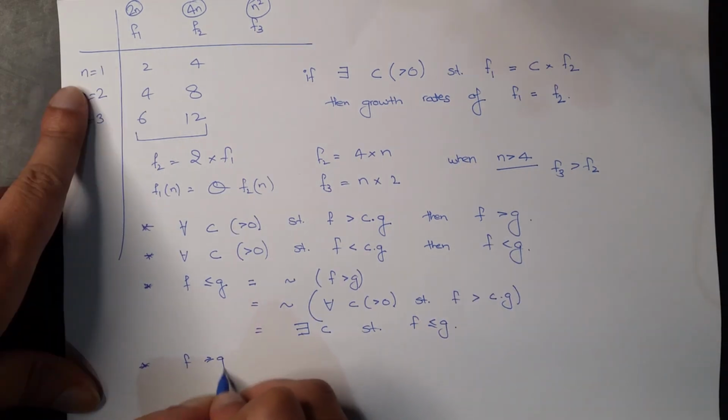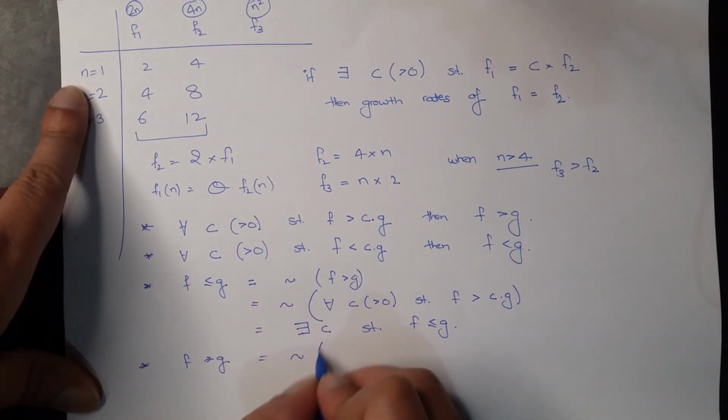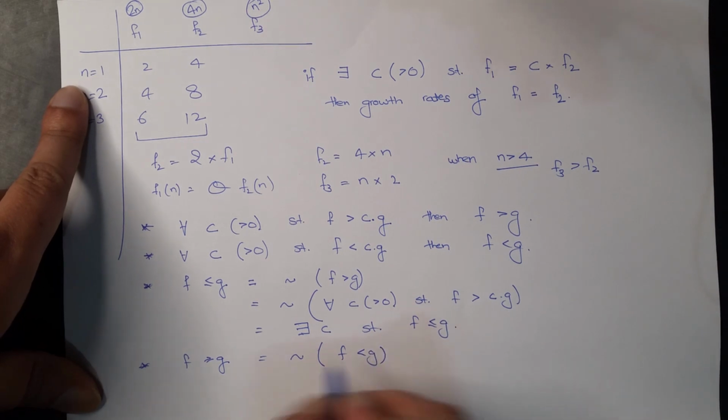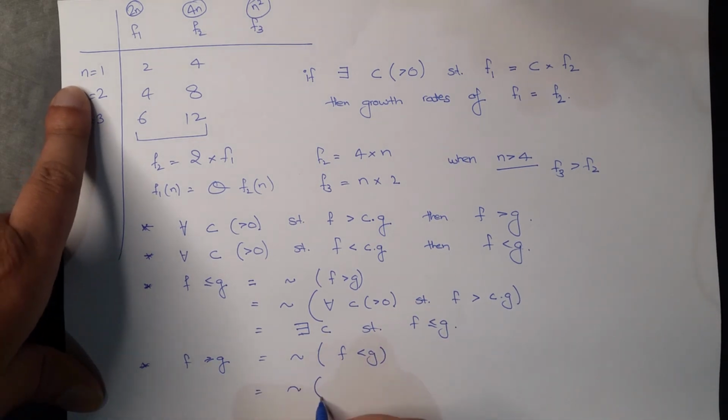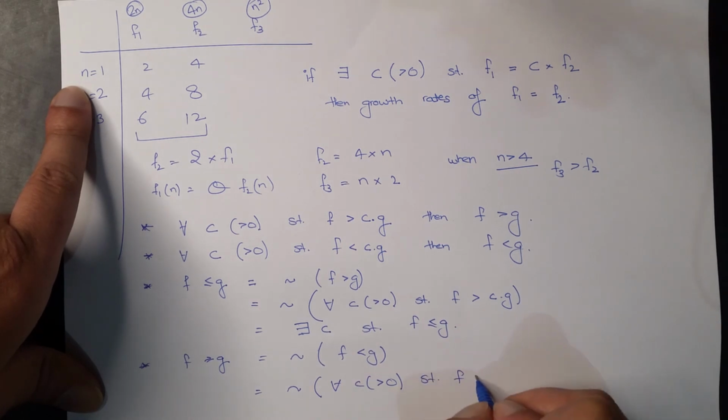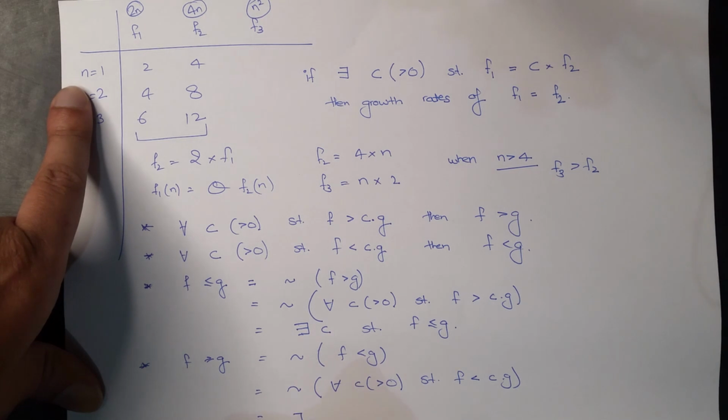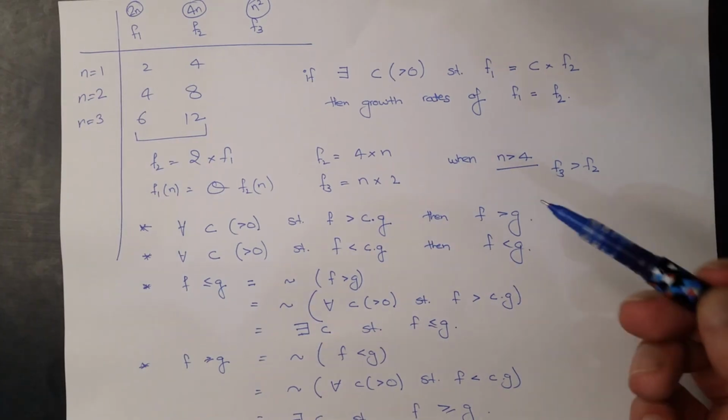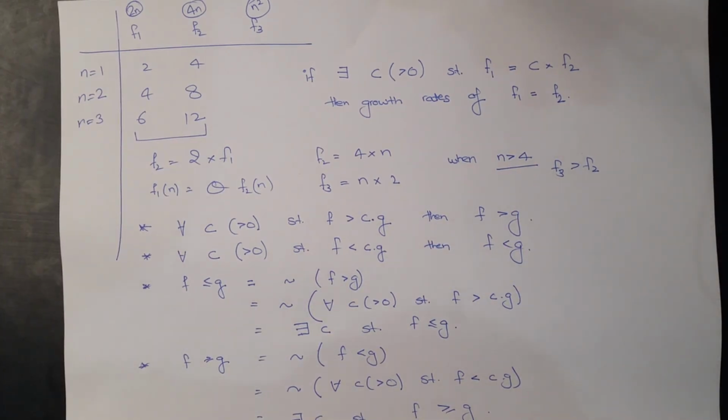For f greater than or equal to g, we'll write not of f less than g, which would be not of for every c greater than 0 such that f is less than c dot g, which would be there exists c such that f is greater than g. We'll be using all these definitions in detail in the upcoming videos to explain what big O, big omega and theta exactly are.